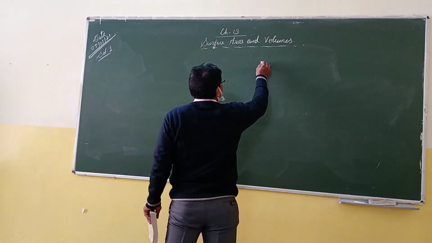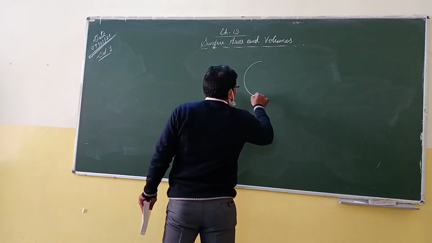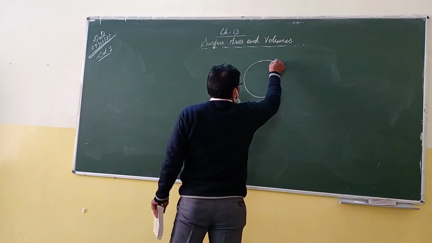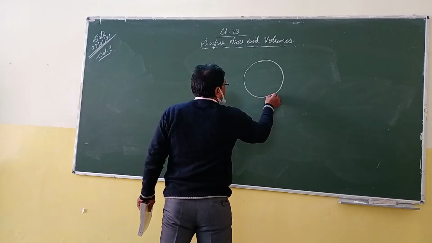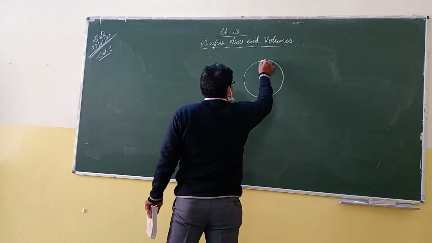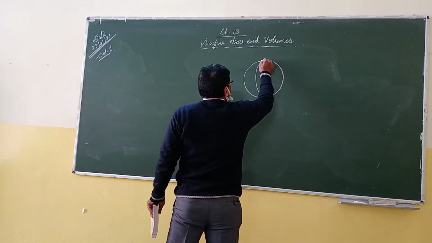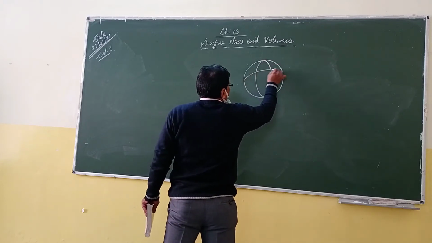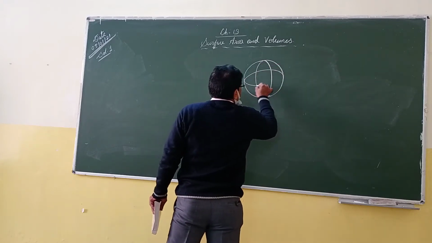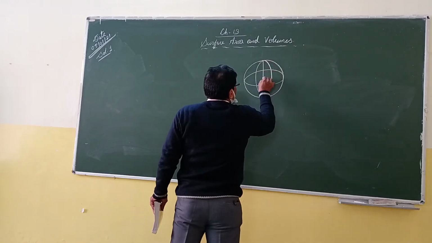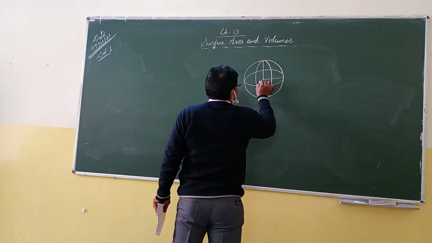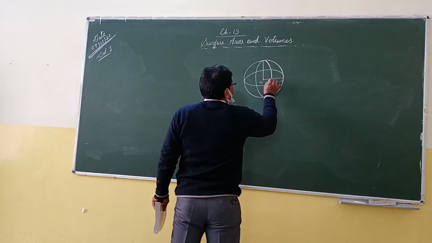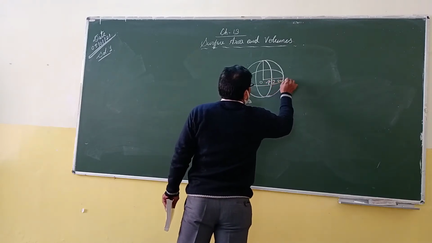At first we draw a sphere. This is the sphere and its radius given here, 4.2 centimeter. So this is 4.2 centimeter.